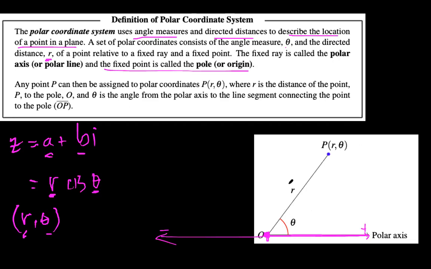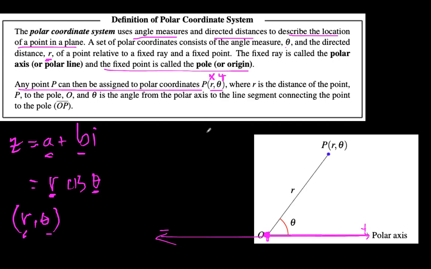Okay, and now look at this. It's the radius. That's the segment or the length of the segment of the point from the origin or the pole. Okay, so sabi dito, class, any point P can be assigned to polar coordinates P with coordinates radius and theta. So ang x natin dito ay si R at ang y natin ay si theta.